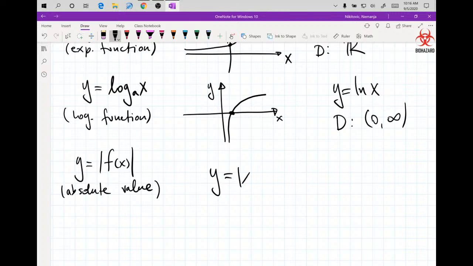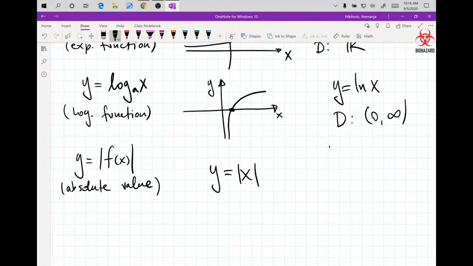So y equals absolute value of x. And you probably know that it's a V shape, right? So yeah, that's all great, but what is the absolute value of sine x, right? So when you think about this, you have a function. Absolute value makes all negative values positive values, right?